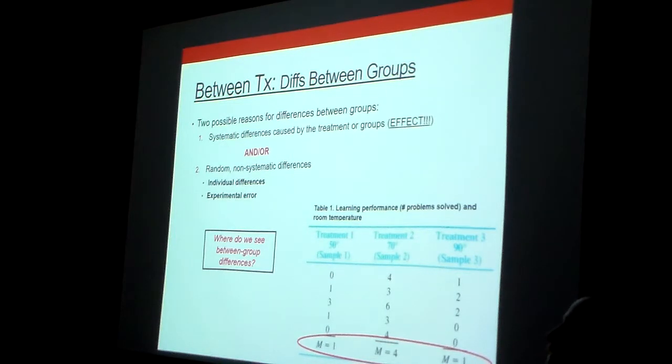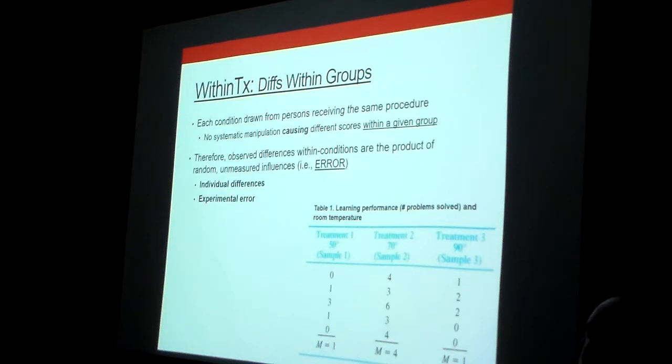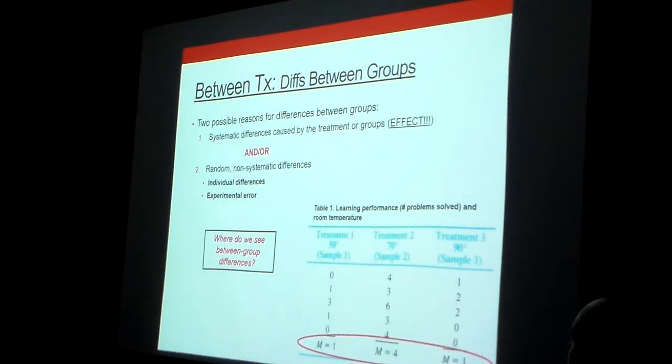This is looking at systematic differences across our conditions. Okay. So our between group differences here, again, can be caused by systematic differences across our respective populations, or random or non-systematic, just fuzz and error and things like that.